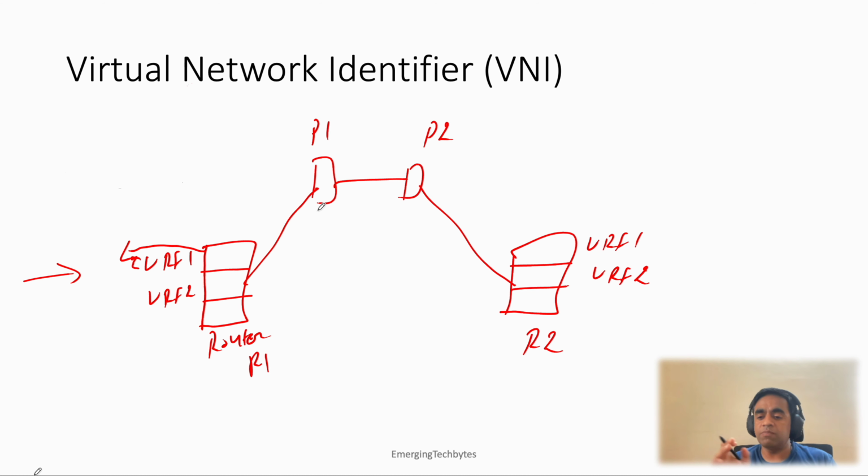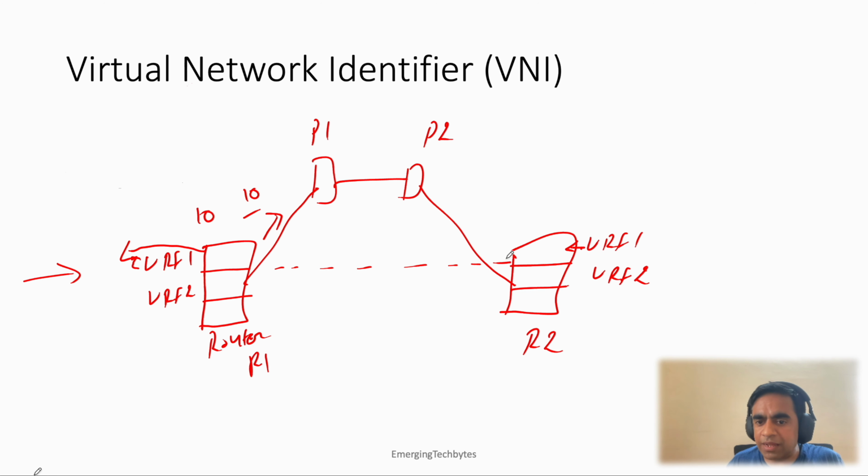This is a famous MPLS scenario which has been running for ages. So what it does is, for VRF1, it allocates a label, let's say 10. And I'm highly simplifying this. So this guy R2 has allocated a label 10 and sent it towards R1. So R1, while sending a VRF1 packet, will put a label of 10 on this.